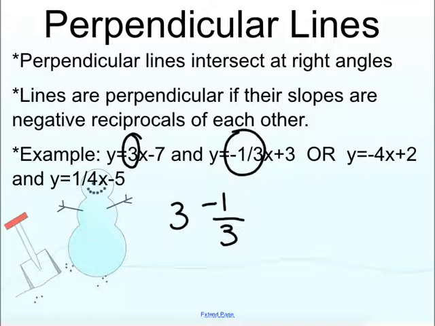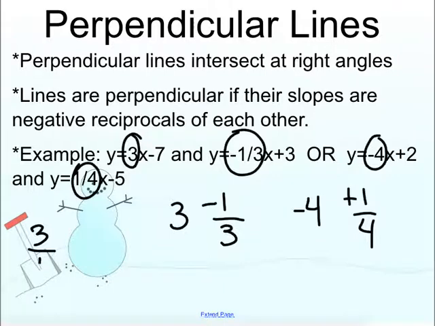Another example, if we have negative 4 and 1/4, that means if we had negative 4, the reciprocal of it would be negative 1/4, but since we need it negative, a negative negative is a positive 1/4. So those are opposite reciprocals. We could have examples like 3/4 has a negative reciprocal of 4/3, or really you name it, anything that is the reciprocal and made negative.